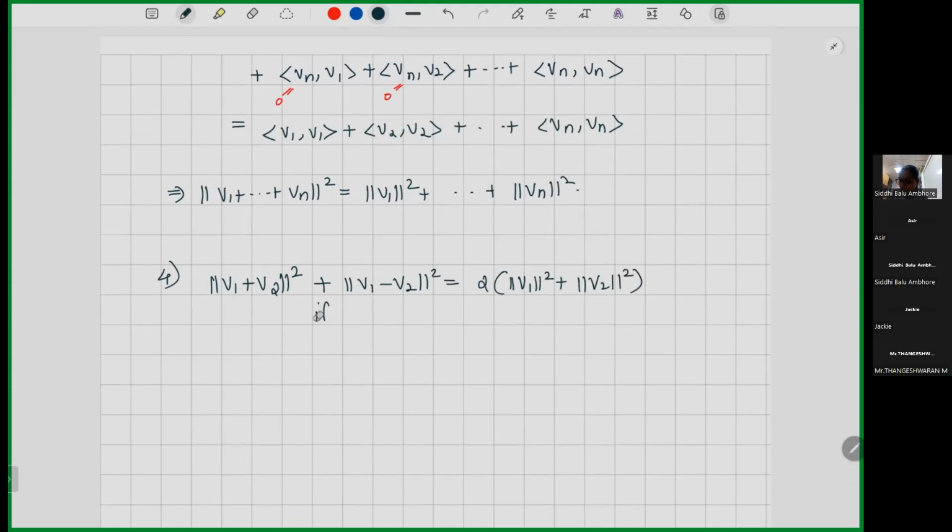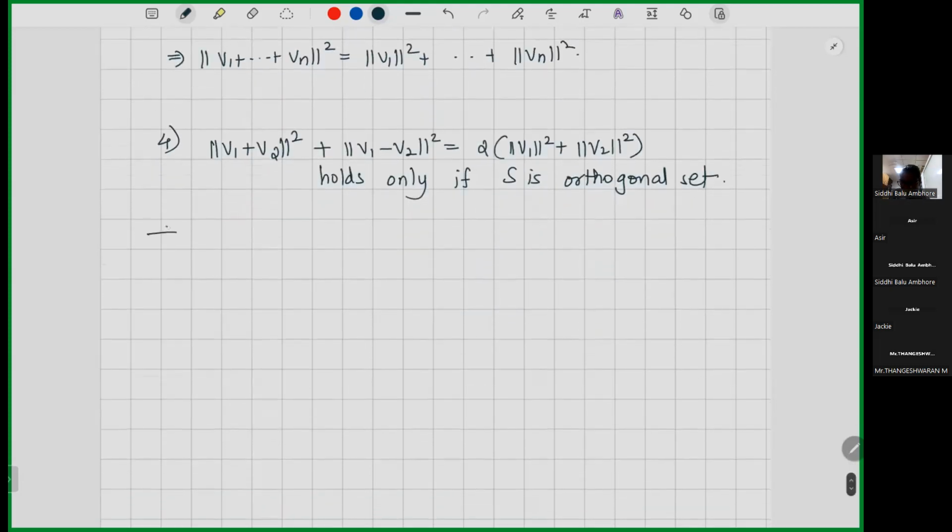They are asking that this holds only if S is orthogonal set. So what is your guess then? They are saying that for this to happen, S has to be an orthogonal set.